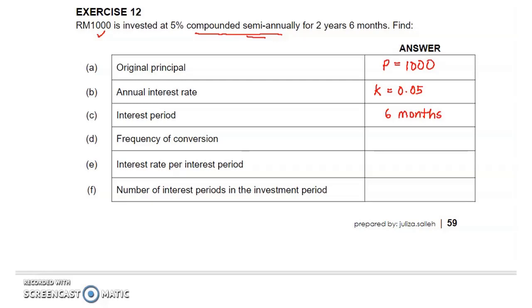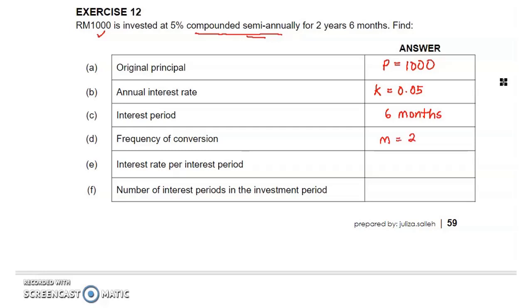Frequency of conversion means how many times we calculate interest in a year. If the interest period is 6 months, then within 1 year we calculate interest 2 times. This is value m.